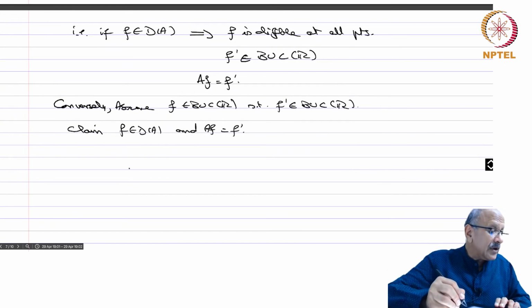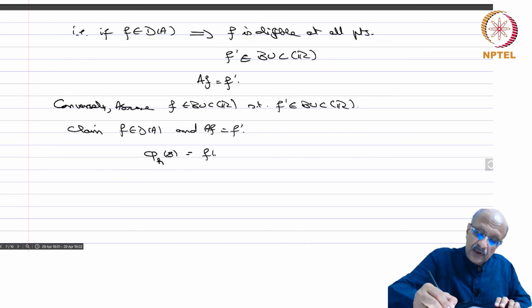So for that we denote phi h of s is (f of s plus h minus f of s) by h.